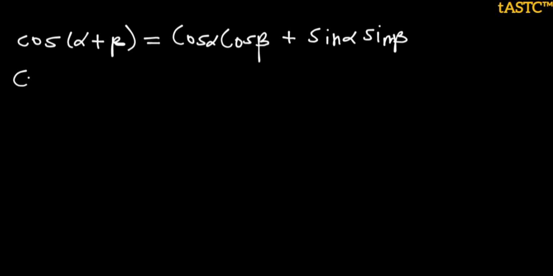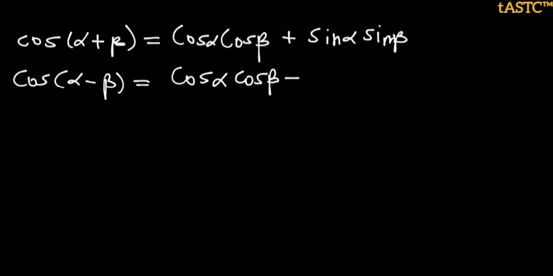And we could also find the cos of alpha minus beta, and that would give us cos alpha cos beta minus sine alpha sine beta. Now remember from the first part of the video, feel free to rewind and see just where we found that.